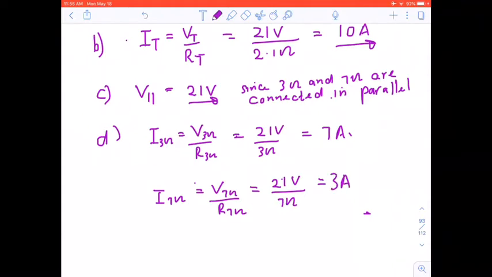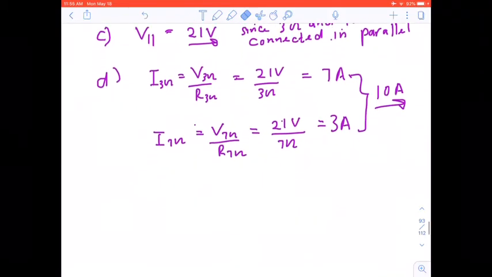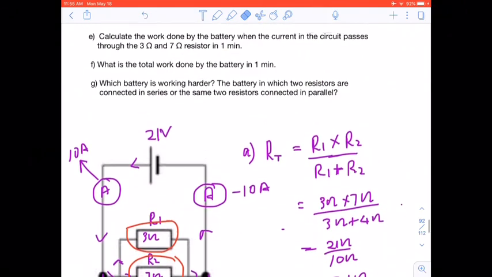So that's how that particular current gets divided. And it gives us 10 amps.